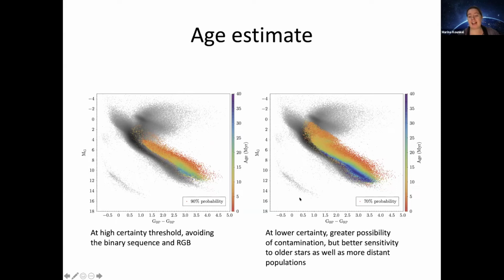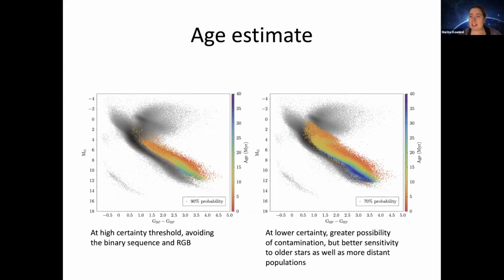On the other hand, at the lower threshold, you get closer and more into the binary sequence, and you do have more contamination from the red giants, but you are also able to select out a few more slightly older stars. So it really depends on what ages and what certainty levels you need to select out and study a particular population.